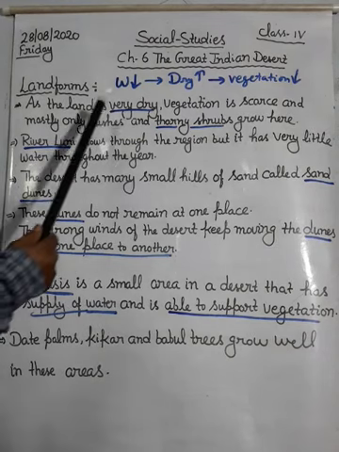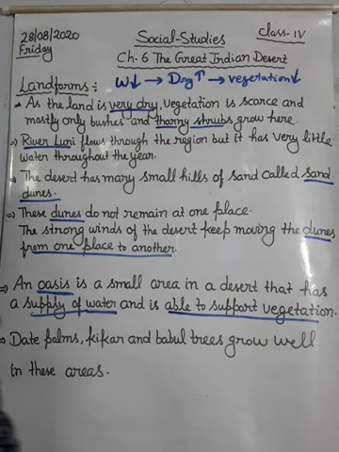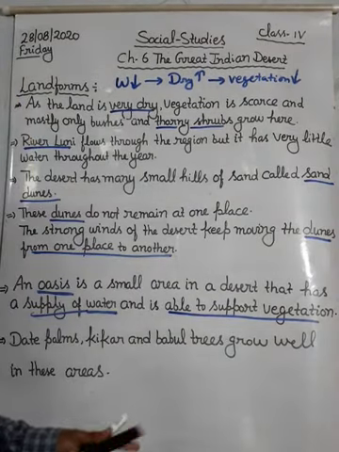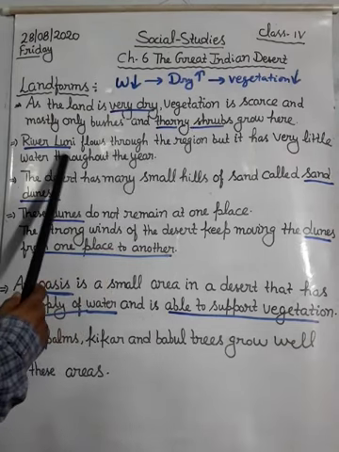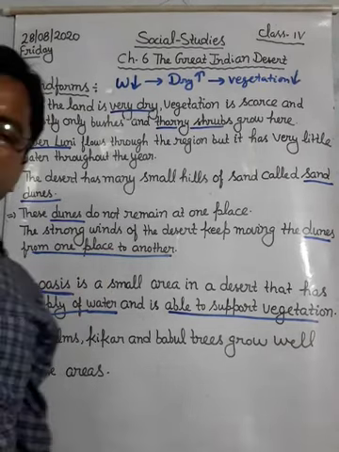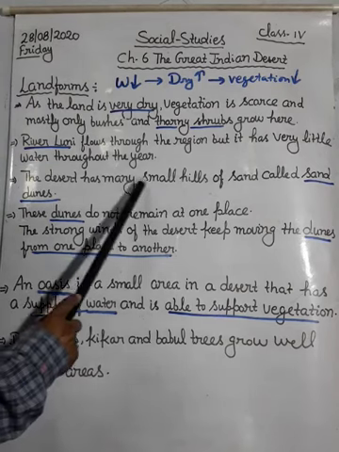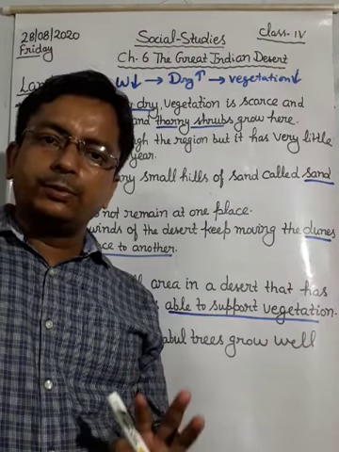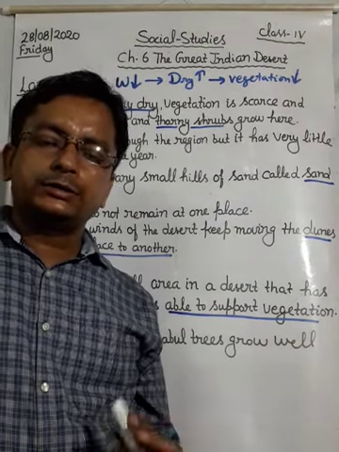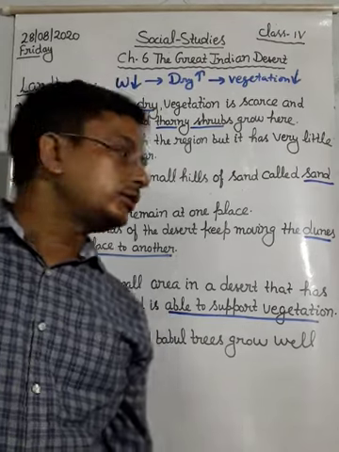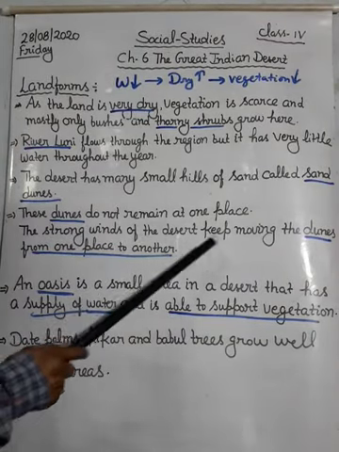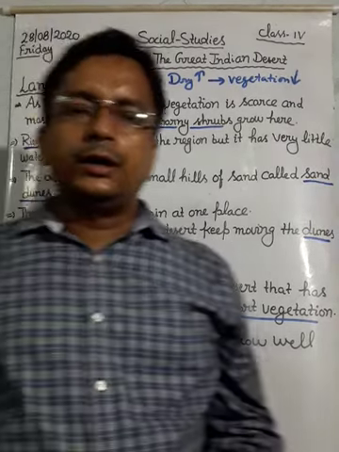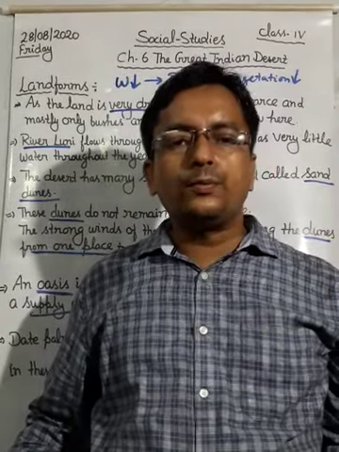So you can see here the condition of the landform of the Great Indian Desert: very dry, thorny shrubs, and the Luni River, which has very little water. The desert has many small hills called sand dunes. A sand dune is created by wind and keeps on moving from one place to another. And an important thing is the oasis, where there is no hope, there is some hope.